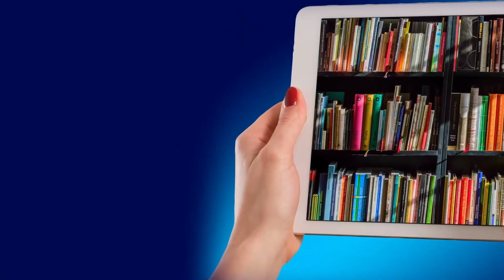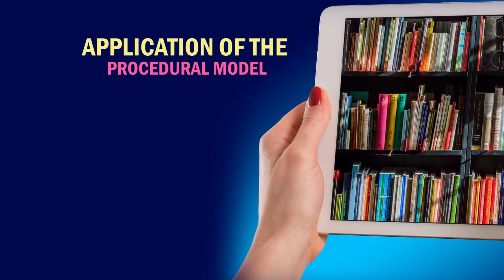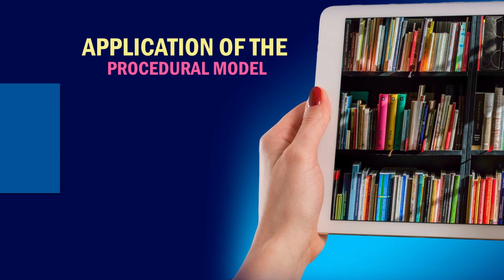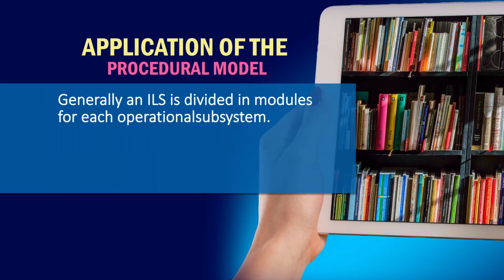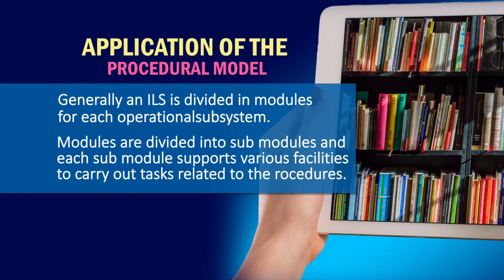Now, applications of the procedure model in library automation software. You know that generally an ILS is divided into modules. So every ILS, be it open source, be it commercial, be it client server, be it web architecture, be it cloud hosted, all ILSs have modules first. Say an acquisition module to support the work of the acquisition section, a cataloging module to support the work of the technical processing section, circulation, then maintenance and so on.